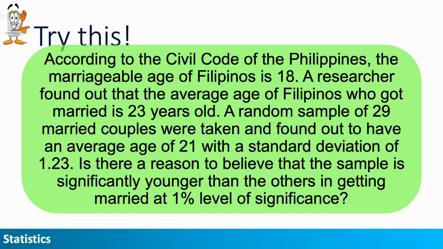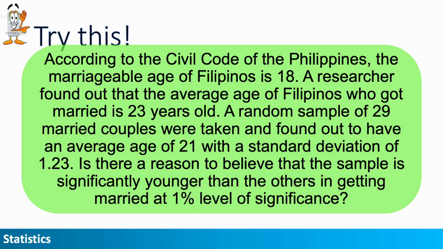Okay, let's focus on the question at the end. The question reads, is there a reason to believe that the sample is significantly younger? That means the statement is we're assuming that the value from the sample should be less than others. So others would be 23 years old.